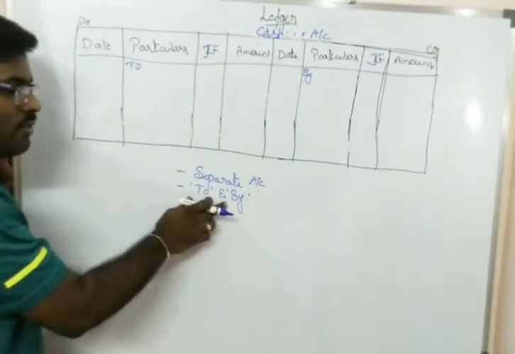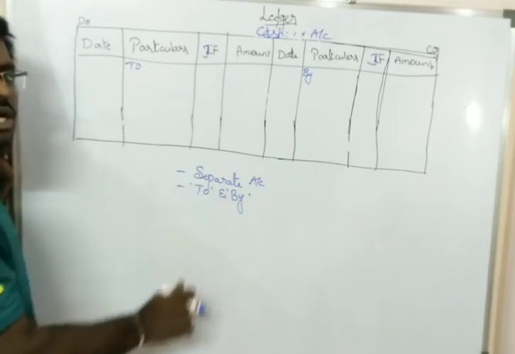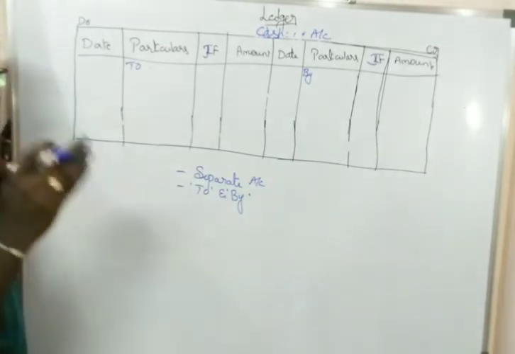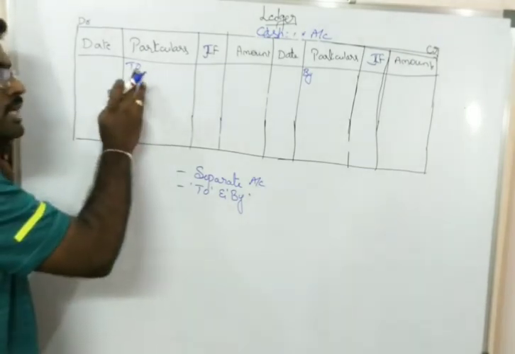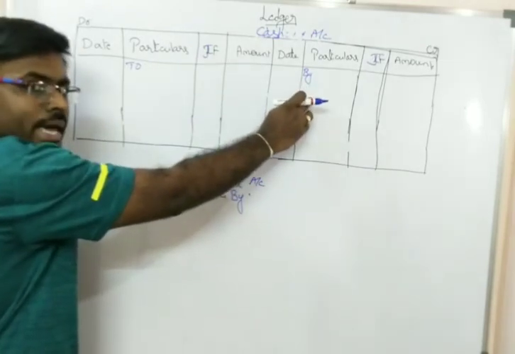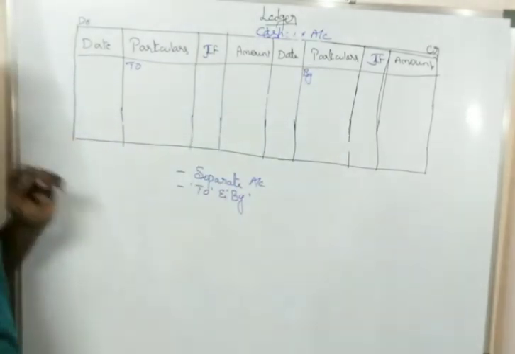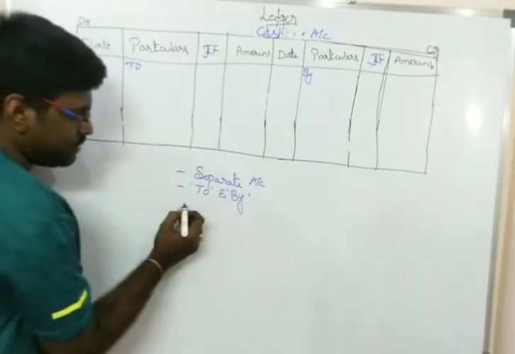So that is also one of the conditions. To and by, these two words should be used as the prefixes of the accounts. When you are writing on the debit side, use to as the prefix. When you are writing on the credit side, use by as the prefix before the name of the particular entry. So that is the second one.